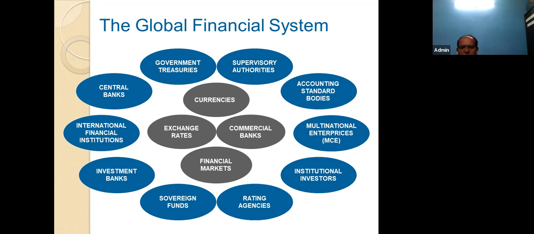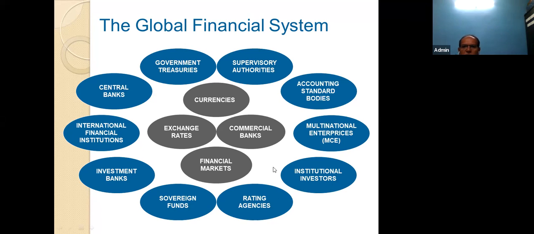They can invest in foreign stock or domestic stock also. Like insurance companies. Life Insurance Corporation of India, LIC, is another institutional investor. So mutual funds and insurance companies are examples of institutional investors.